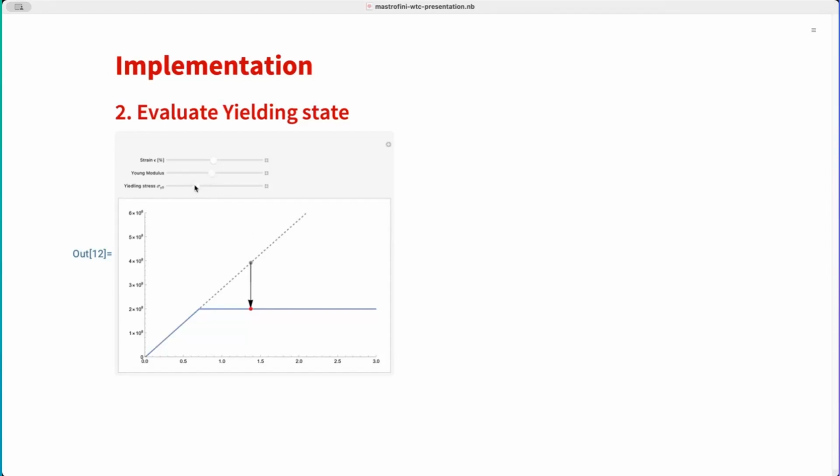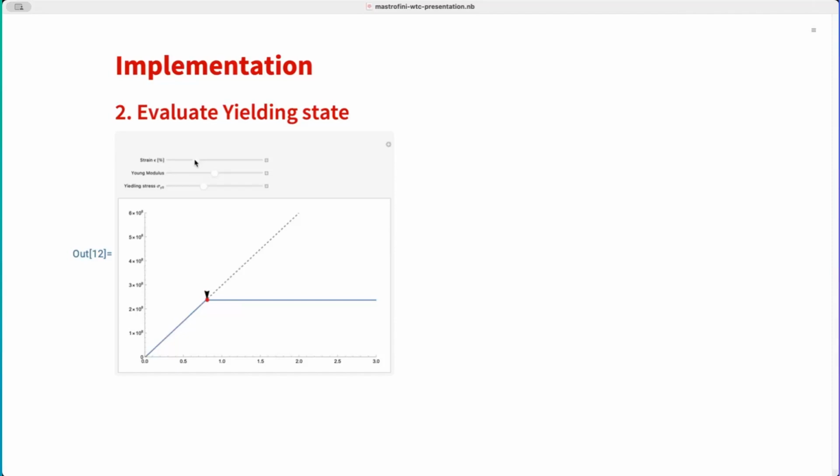So given a particular set of boundary conditions, meshes, and material properties like the Young modulus, and setting a yielding point, we can obtain a solution in terms of displacement, strain, and stresses. In particular, by increasing the strain, there will be this point here. This point represents the yielding point of the material.